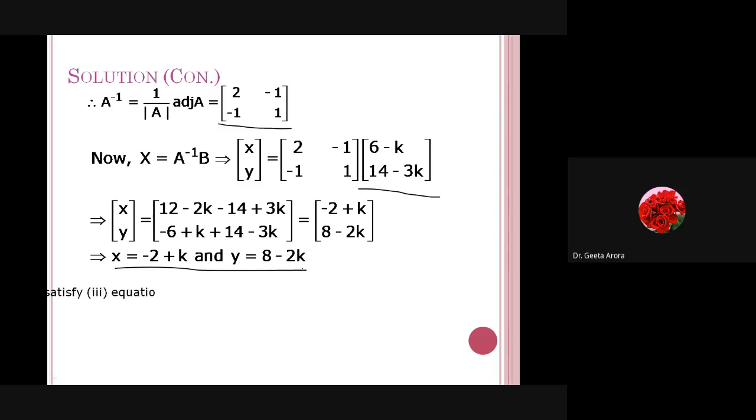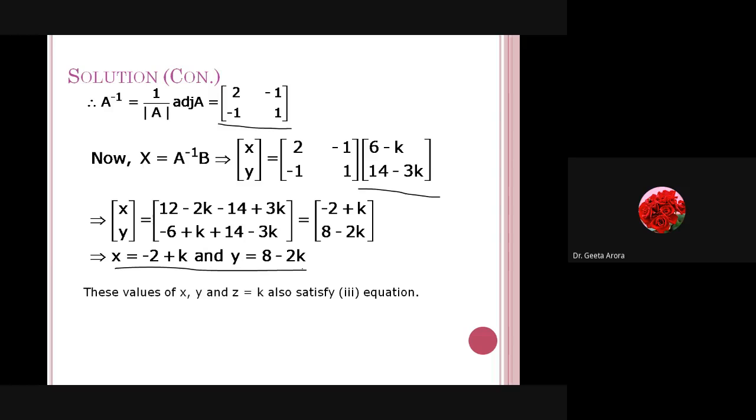This is how we have solved it. You can verify that the values of x, y, and z also satisfy the third equation. You can take any two of your choice, and because the system has three equations, it will automatically satisfy the third. We have taken two because we have to solve for two unknowns, x and y, since one we have already assumed to be a constant.